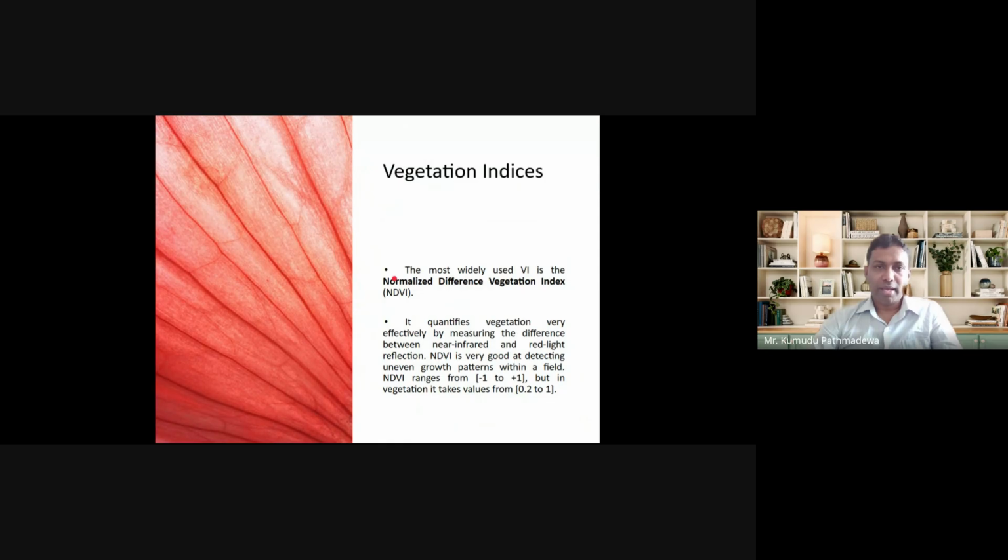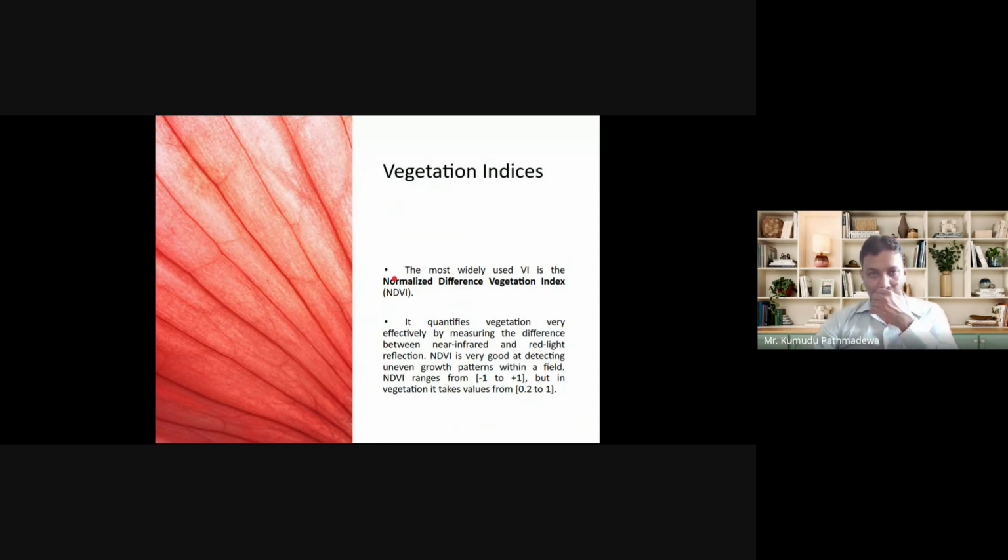So these two bands, near infrared band minus red band, divided by near infrared plus red band. So here, if the vegetation is healthy, near infrared minus red gives a larger value in this equation.